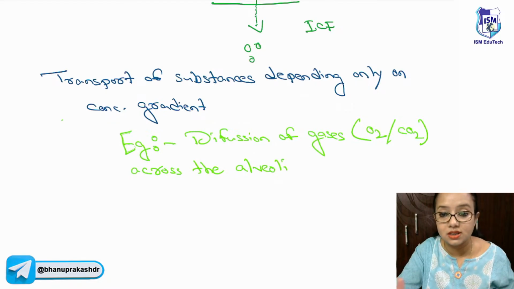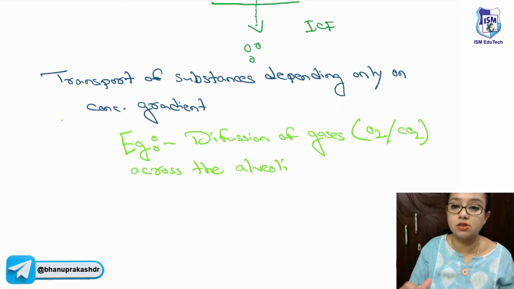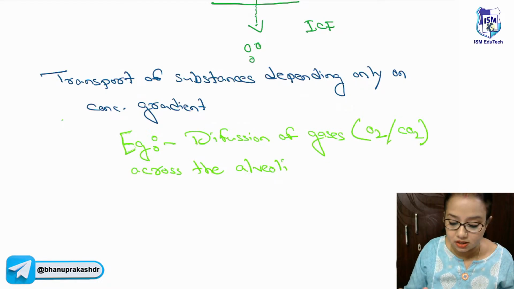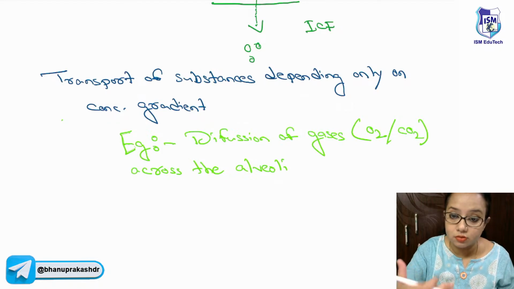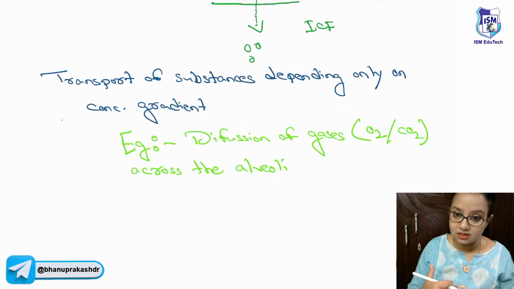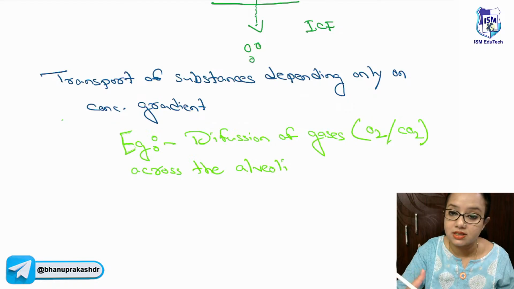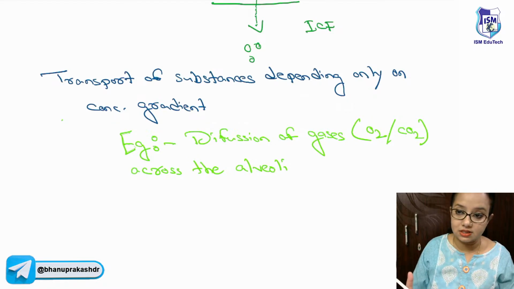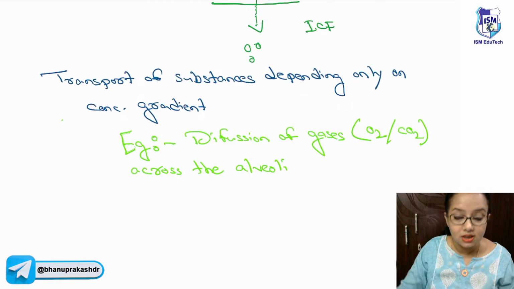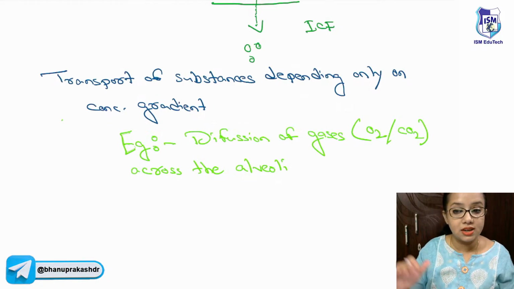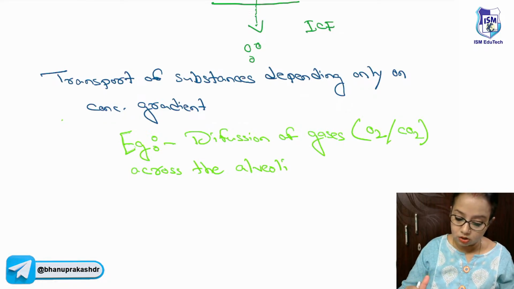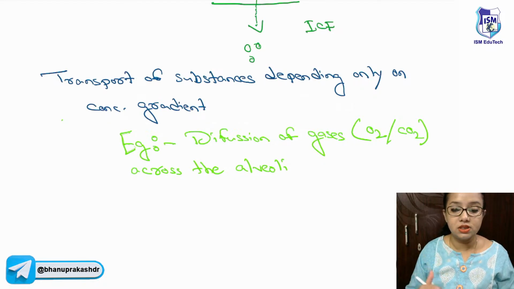Now this alveoli is the unit for the exchange of gases in respiration. Whenever we are breathing in air from the atmosphere, it gets into the lungs, and lungs have many alveoli. Across this alveoli, the diffusion of the gases does not require any energy, any carrier protein or any external support. Just across the concentration gradient, it is diffused. So this is the most common and very important example of simple diffusion happening within our system.